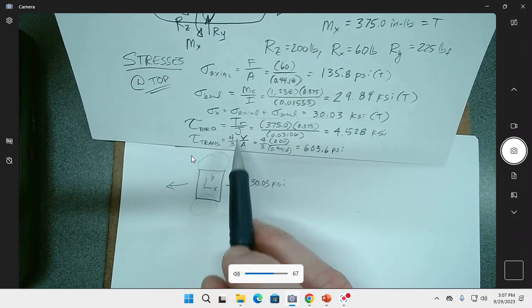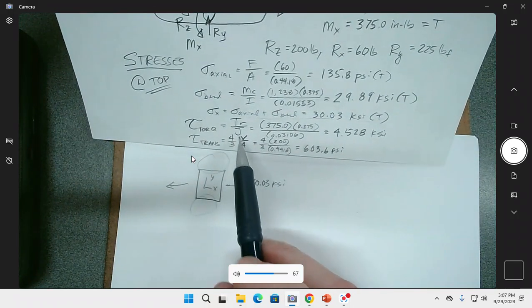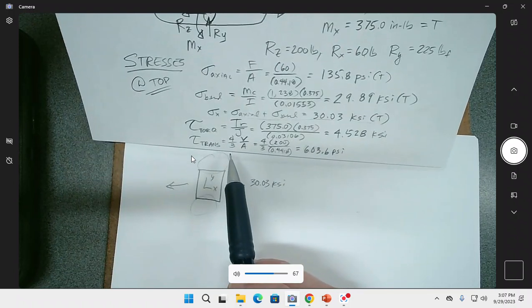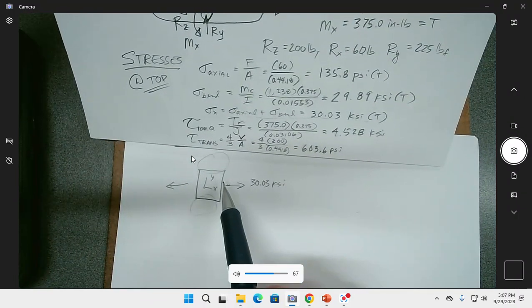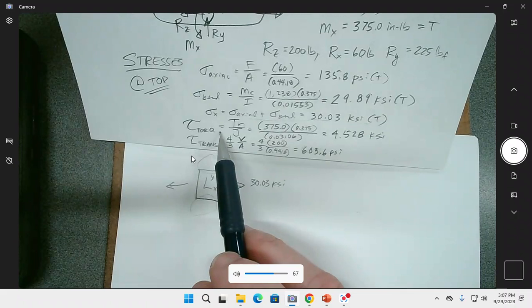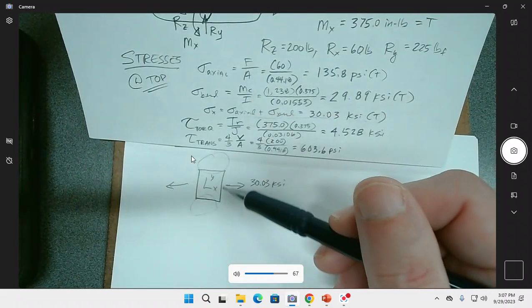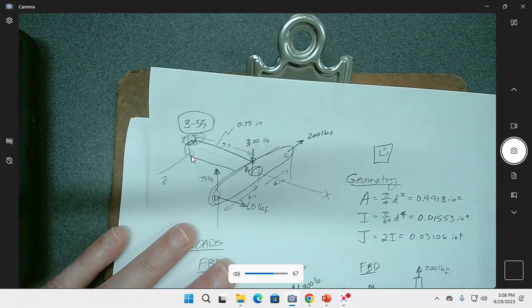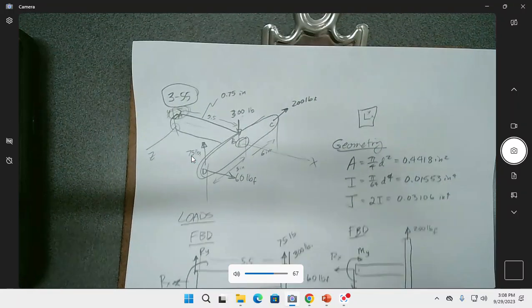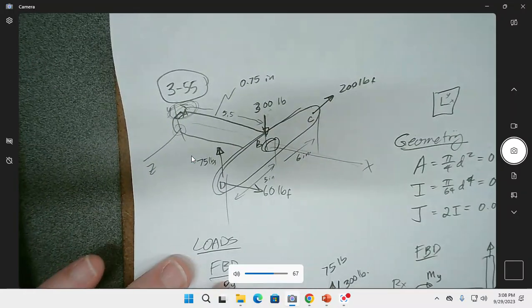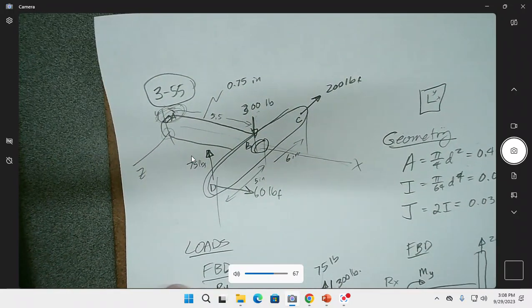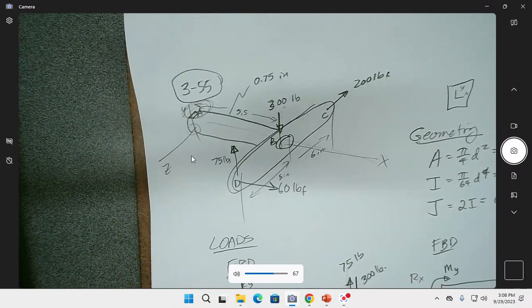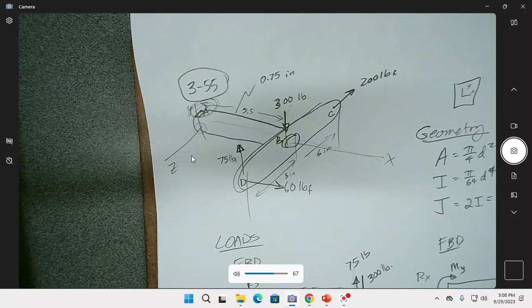Not nearly as important, but still part of the visualization, part of picking it out. When it came to the torque, should that go up or down across this face right here? Let's look back up at the original, which is not a bad approach. First off, recall what caused the torque.